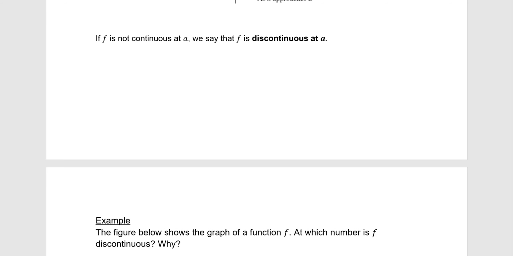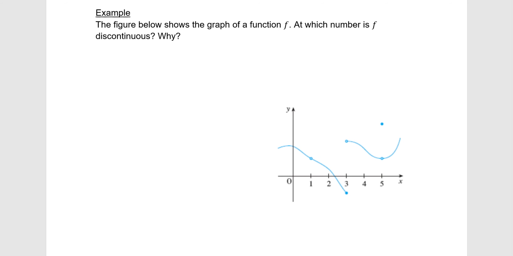So let's see an example here. We have this graph shown below of the function f, and we want to know at which number f is discontinuous and why. Let's just scan this left to right and look at the x values here. So we see at x equals 1, there is a hole.